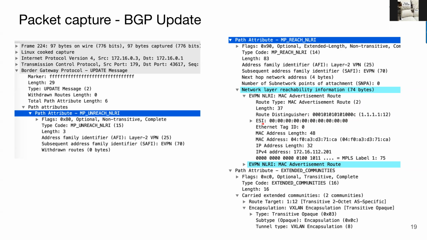We'll talk about the ESI, aka the Ethernet segment identifier, when we talk about multi-homing. We'll talk about the Ethernet tag ID when we talk about VLAN aware bundles, which is a flavor of MAC VRF, our MAC length, our MAC address.